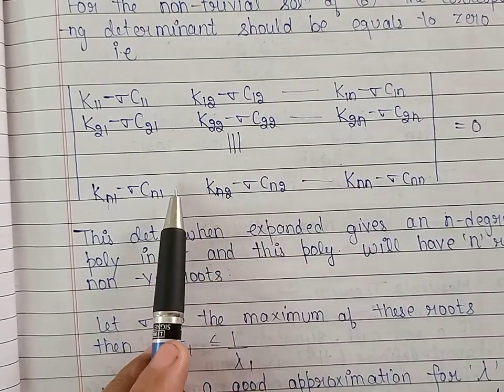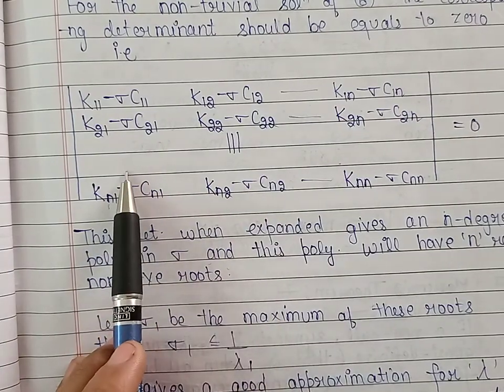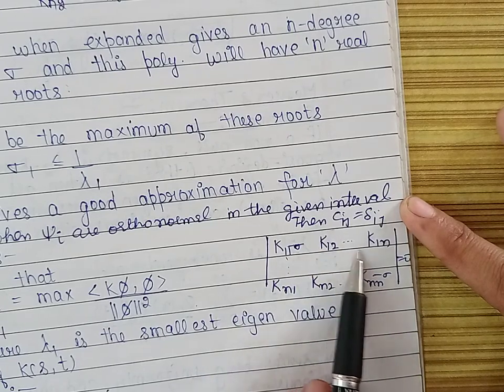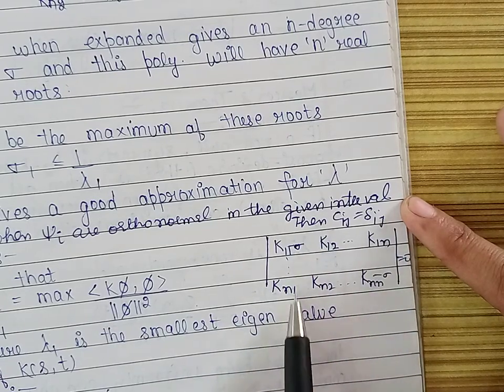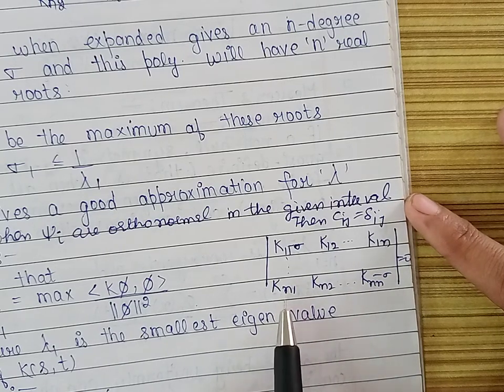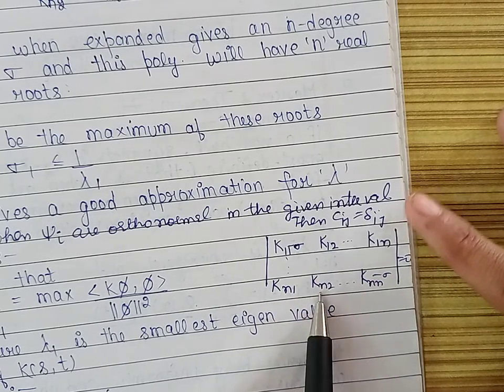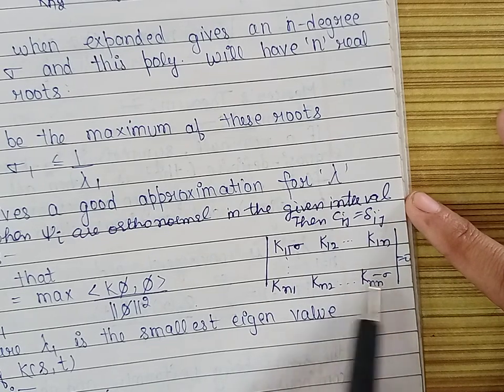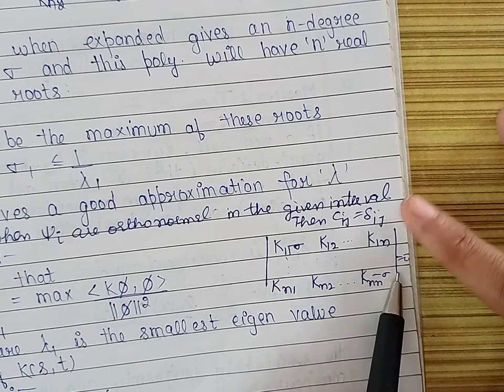So in that case, this equation is converted into the form k11 minus sigma, k12 and so on, k1n. Continuing like this, the last row of the determinant will become kn1, kn2 and so on, knn minus sigma, this determinant equated to 0.